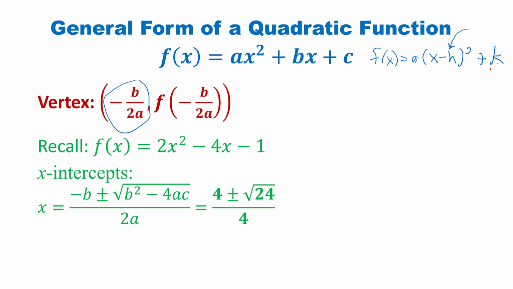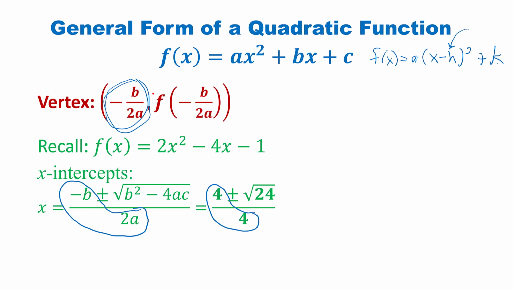So what I want to show you is that this negative b over 2a that we have up here, a way to remember this is if you look at the quadratic formula and you just kind of circle this negative b over 2a, which in this case, for this particular problem, we simplified a little bit to find negative b over 2a would have been 4 over 4. That gives us the x-coordinate of our vertex.